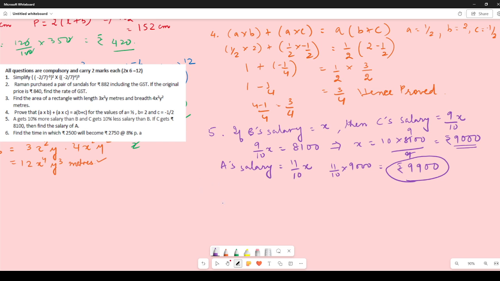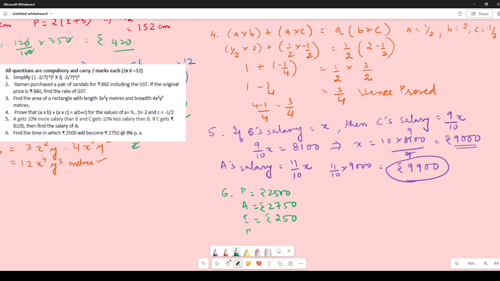Now let us move on to the last question over here in this segment, which is question number 6. So find the time in which 2500 will become 2750. So see, P is rupees 2500, and remember A is rupees 2750. So that makes simple interest equal to rupees 250.